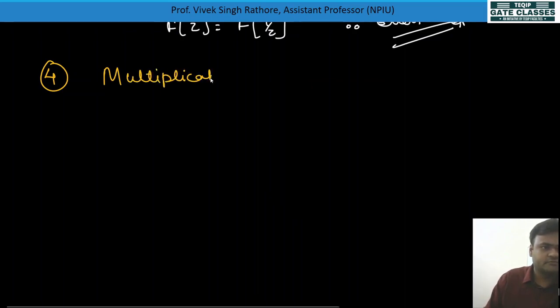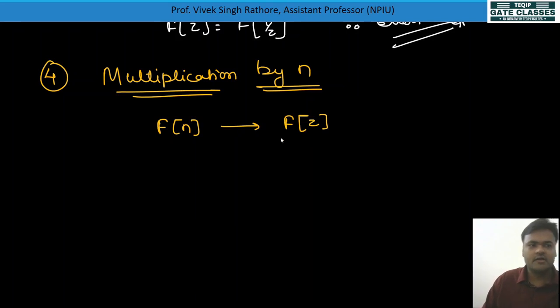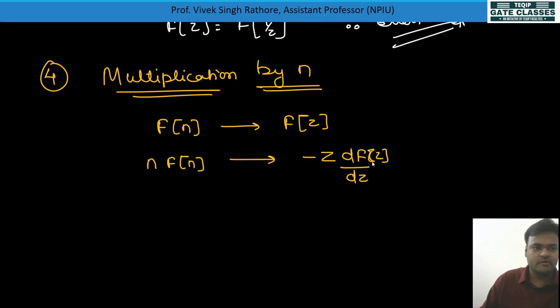See, multiplication by n means that if f of n is there, and the z transform we have taken is f of z, then if we multiply n into f of n, we'll get minus z df by dz. This you should remember. This is the multiplication by n property.